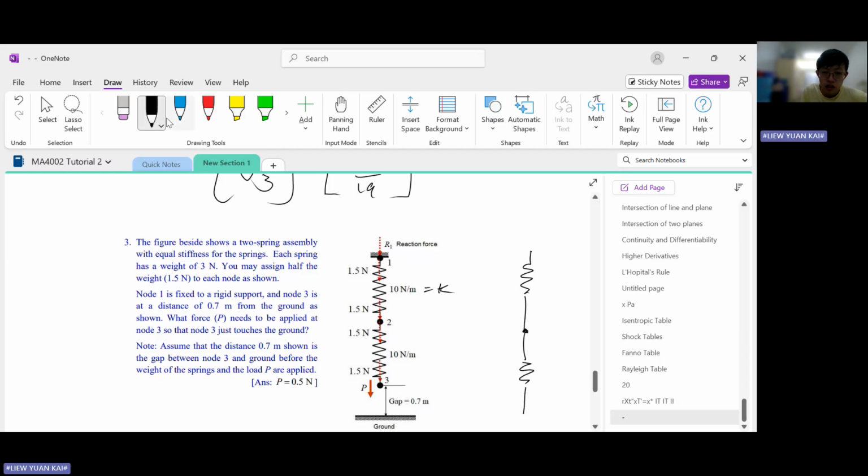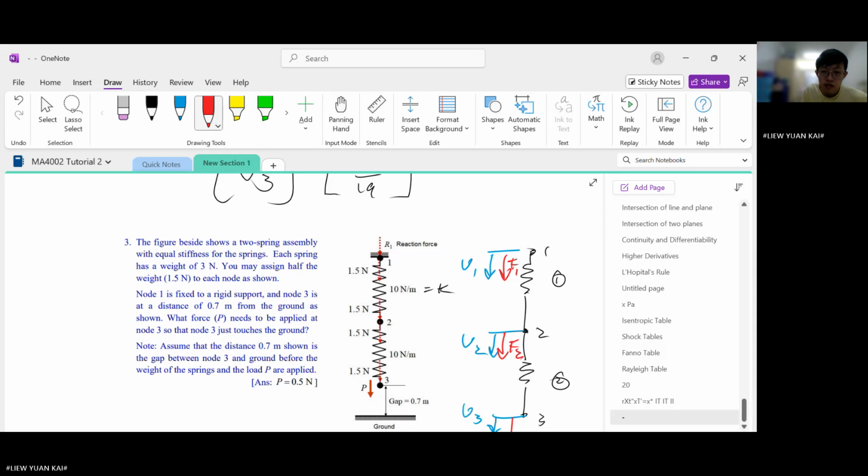Label the nodes, which they already did for you, 1, 2, and 3. You can label the elements, so 1 and 2. And then after that, you label the nodal displacements and nodal forces. So these are the displacements U1, U2, U3, and also the forces F1, F2, F3.